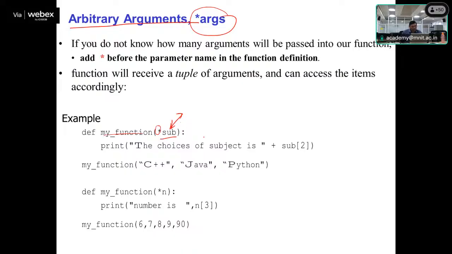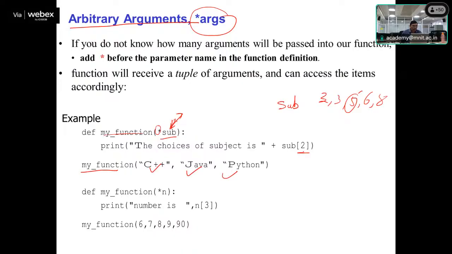I can refer to any item from this sequence of arguments by using indexing. So sub 2 says that in this sequence which is taking many arguments, maybe 2, 3, 5, 6, 8 and so on. Many arguments I can give sometimes. So sub 2 means the third item. Okay. So when we are going to call it, how can we call? We are calling my function giving 3 arguments. Okay.